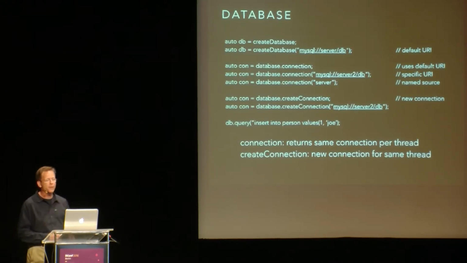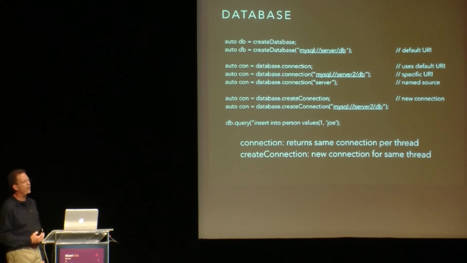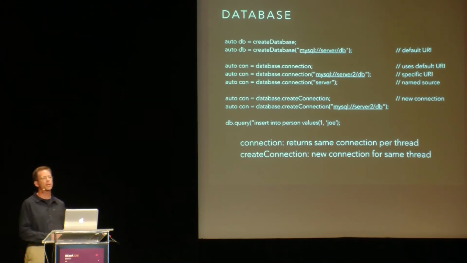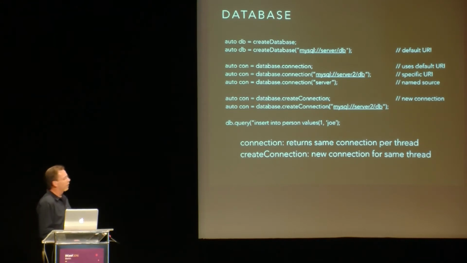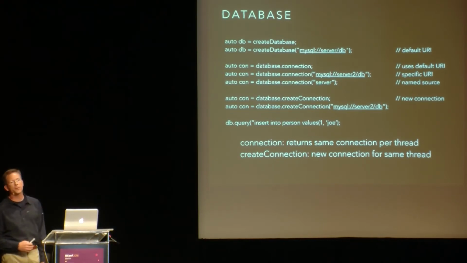Okay, so I'm just going to go briefly through each of these types to give you a sense for what the interface looks like and some of the highlights. There's a lot more calls in each of these objects than I'm going to list here, but I just want to give you a sense for what each of these things' responsibility is. So a database is the top-level context object. The first thing you have to do, of course, is create a database.